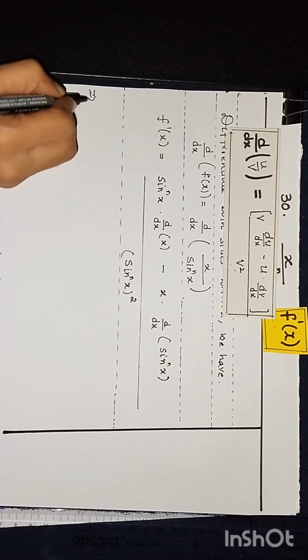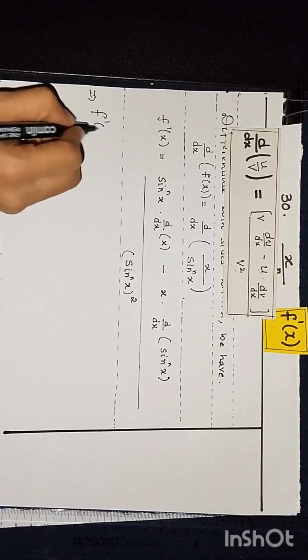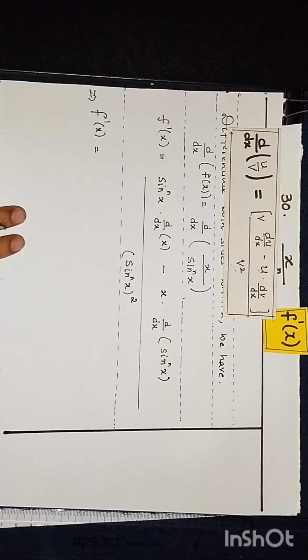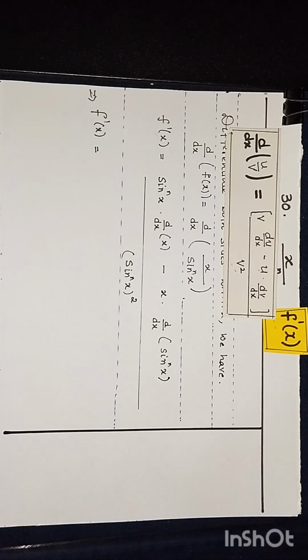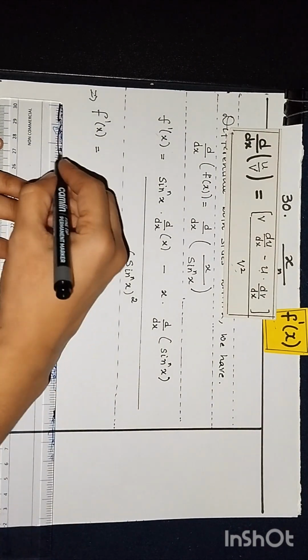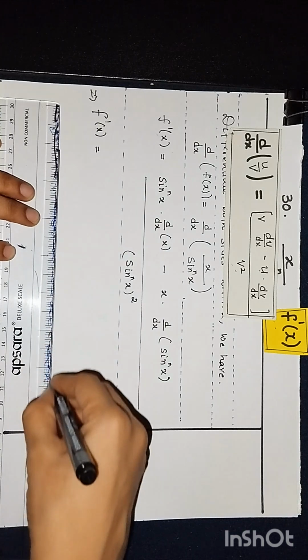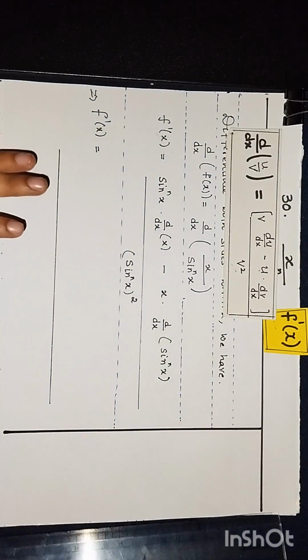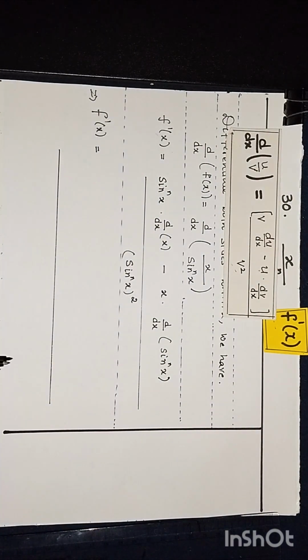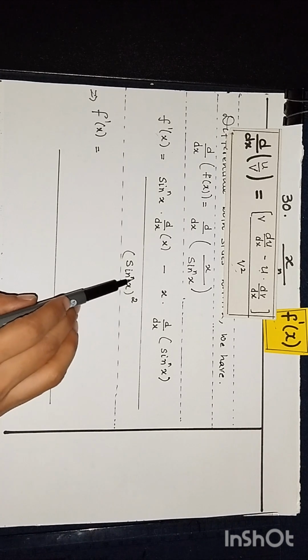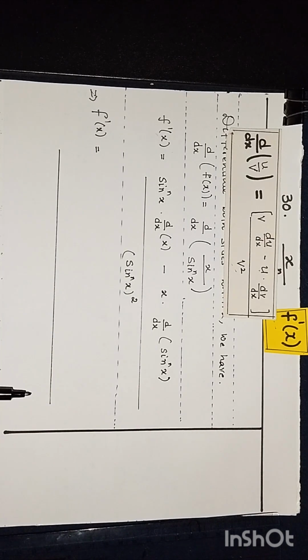Now this implies f dash of x is equal to, now in the denominator, so how are we going to write here? Sine to the power nx the whole square.